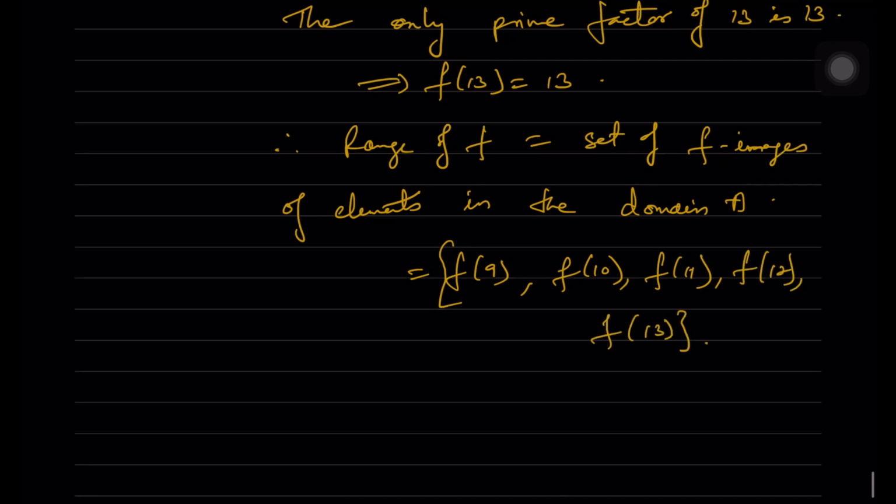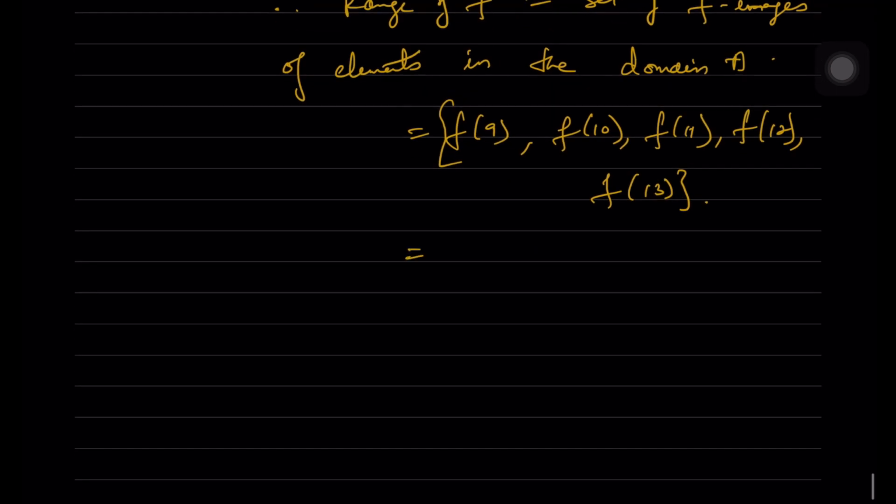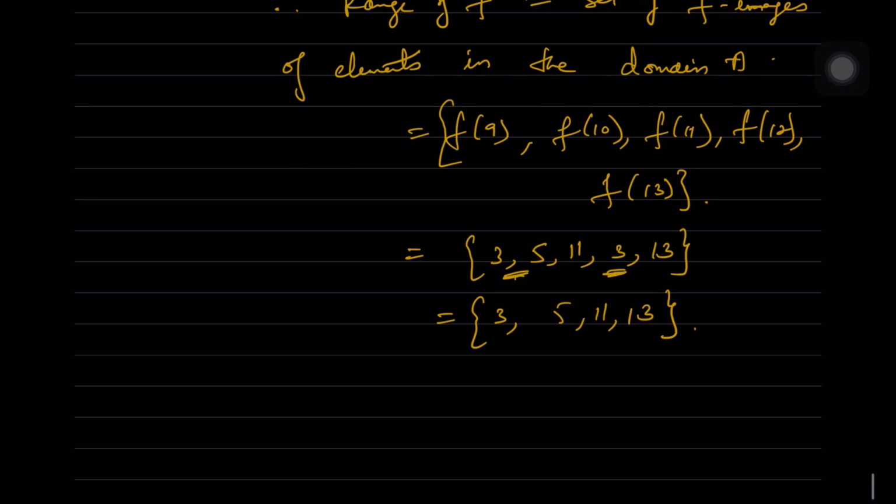So now we have just now written what is the highest prime factor for each of them. So that is nothing but 3, 5, 11, 3 and 13. Because there is repetition of 3 and 3, we just write it as 1. So 3, 5, 11 and 13. Because in a set you shouldn't have repetitions. Therefore this is the range of f. So range of f is equal to {3, 5, 11, 13}.